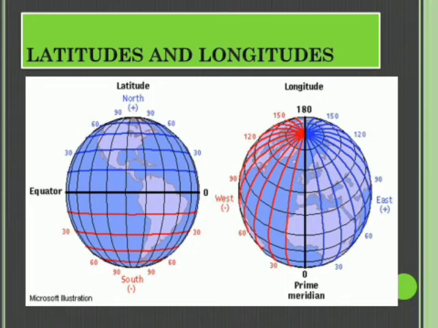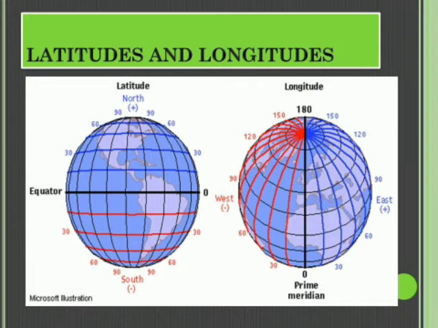Latitudes and longitudes. See this picture. See the first picture, children. Already I said it takes 360 degrees to rotate for a spin. So you just divide it into quarters: 90 degrees, 90 degrees, then down 90 degrees, then this side 90 degrees, because it is a sphere, isn't it? So totally we get 360 degrees.